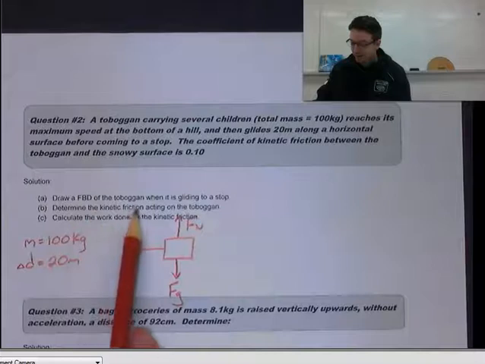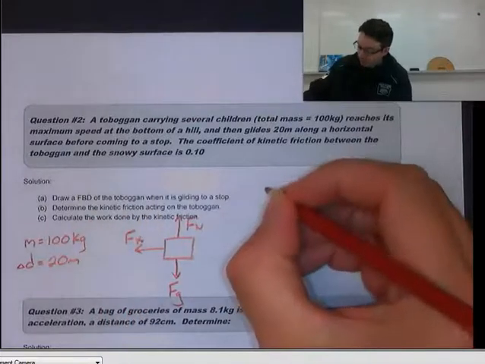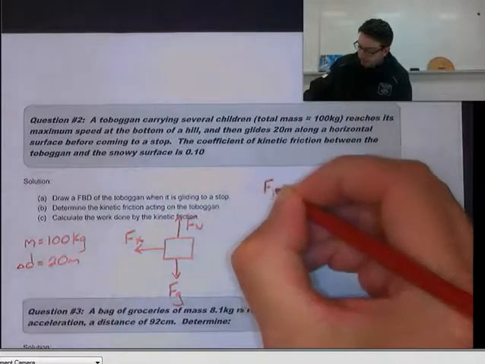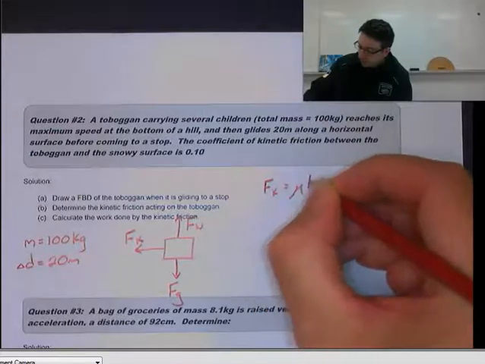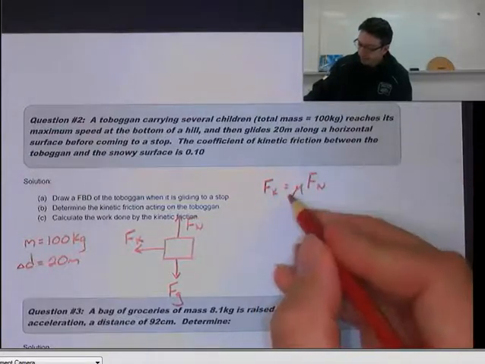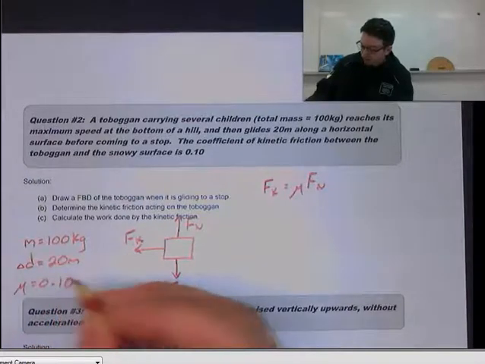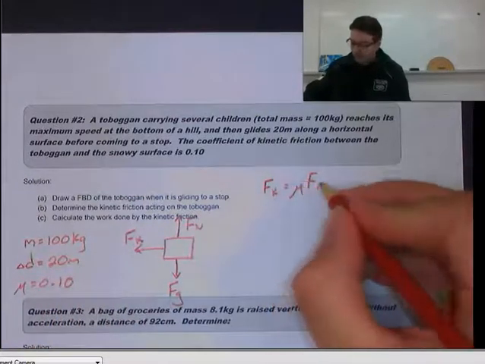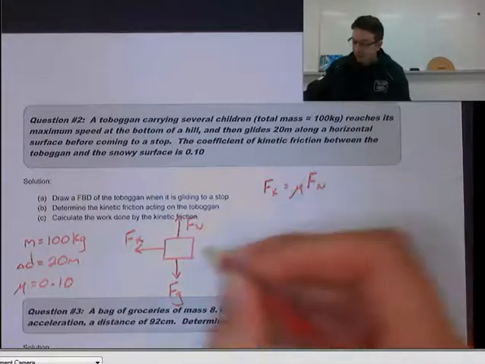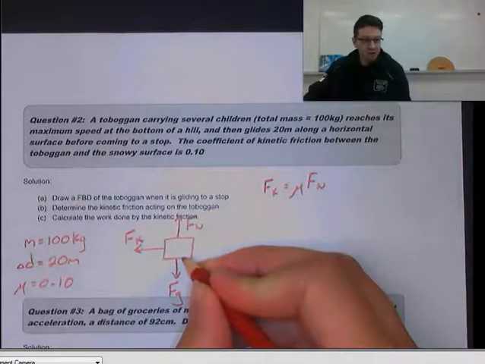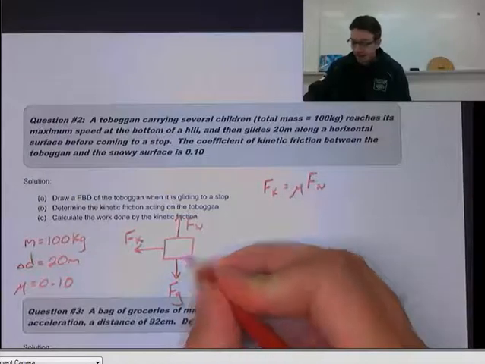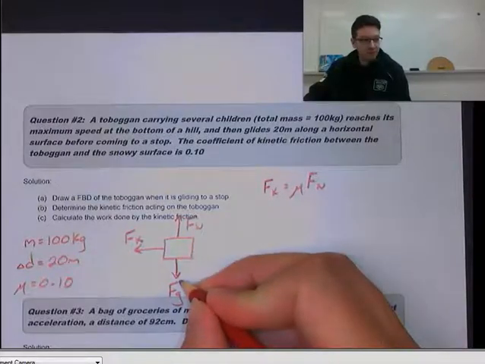It says determine the kinetic friction. Well, we have a formula for that. Kinetic friction is mu Fn. They give us mu, right? 0.10. But we need Fn. Now, if you remember, in this case it's just on a horizontal surface. Fn is equal and opposite to Fg.